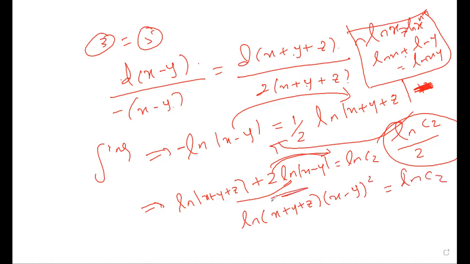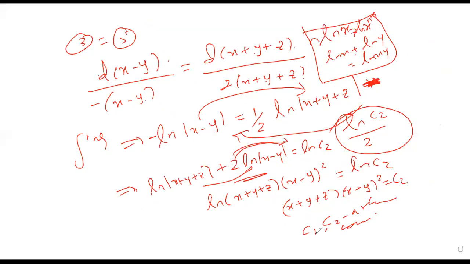These steps I don't need to explain to you, you know everything. If I take off the ln, my final answer: (x plus y plus z) times (x minus y) whole thing squared is equal to C2, where C1 and C2 are arbitrary constants. You should write this because the question doesn't have C1, C2. If you are taking them, you have to tell what you are taking. Constant.